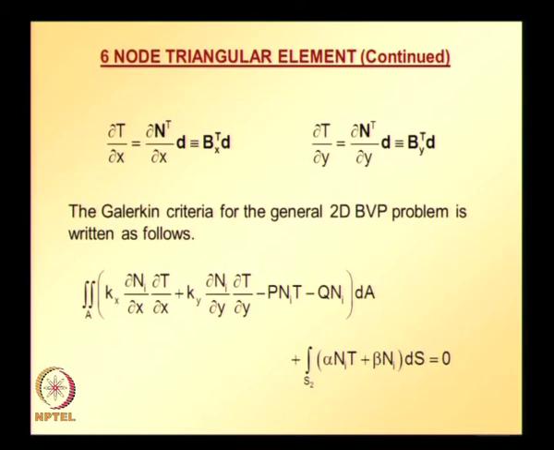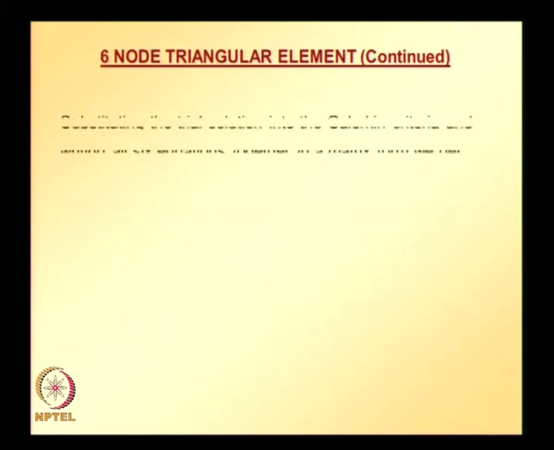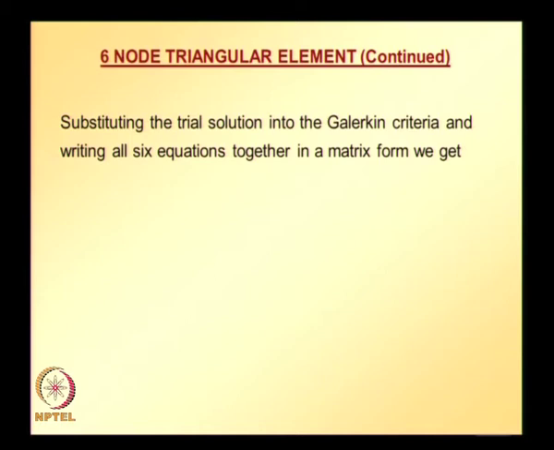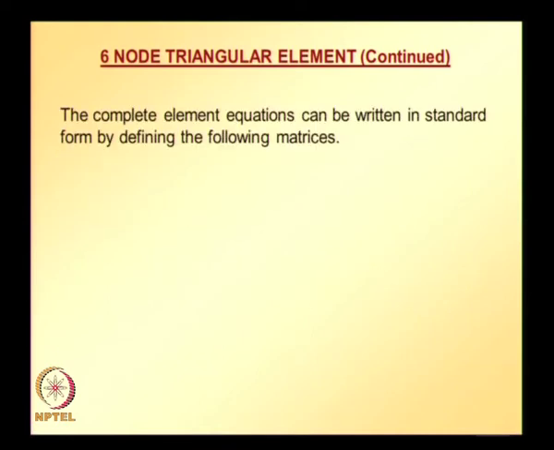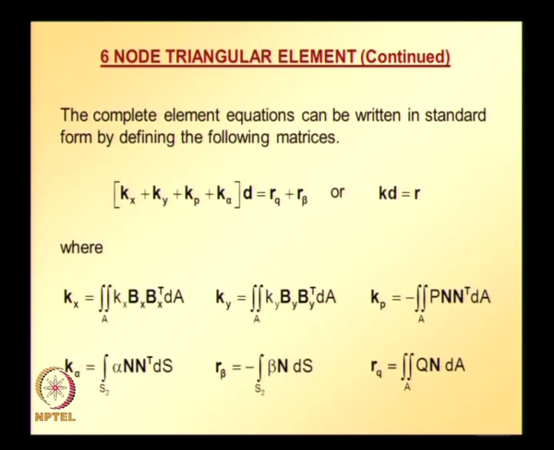So, substituting the trial solution and its derivative into this equation and writing all 6 equations together in matrix form, we get this, and we can define kx, ky, kp, k alpha, r beta, r q to write complete element equations as kd equal to r, similar to what we did for quadrilateral elements.